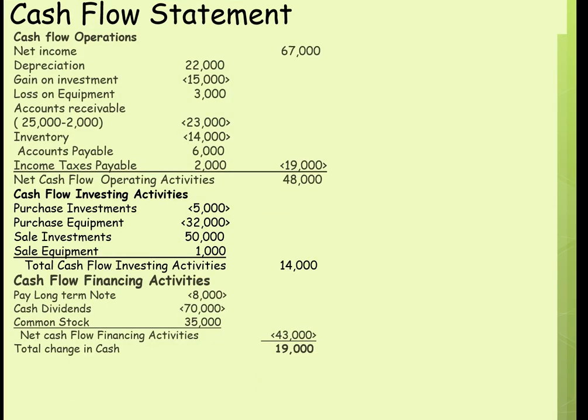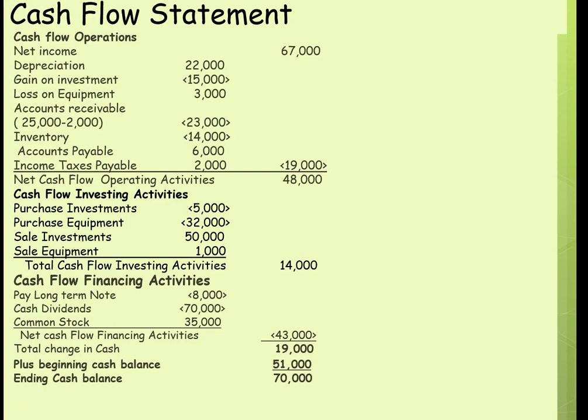And here is what we look like. We would have taken our net cash flow from operating activities. Then we would have had cash flow from investing activities, and then we would have the outflow from financing activities, and that would give us our total change in cash. We would add our beginning balance to get 70.